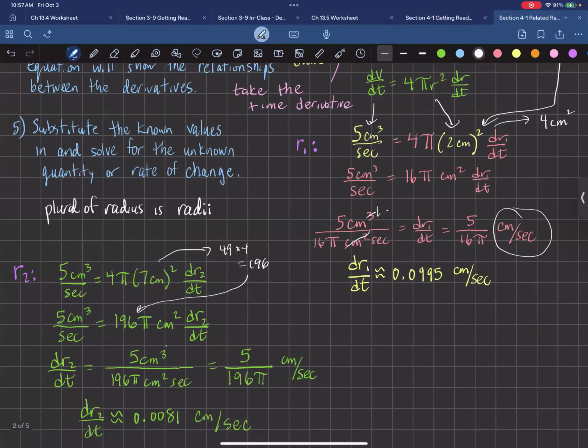Again, the centimeters cancel out. We're left with centimeters per second. And 5 over 196 pi, the radius is blowing up much more slowly. Look at that. It's another decimal place smaller. We got more zeros in front of it. It's much slower. The radius gets larger more slowly.